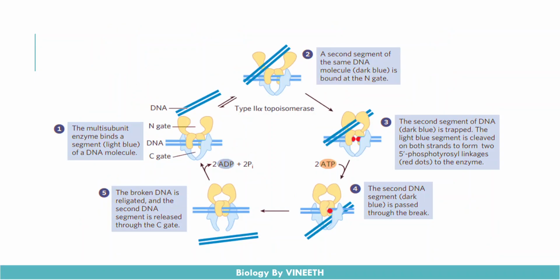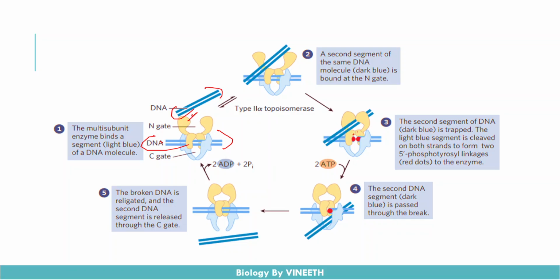And if you look at the type 2 topoisomerases, type 2 topoisomerase alpha is a homodimer which also contains the N gate and the C gate. They first interact with the DNA sequence which has to get the double stranded cut. Then the N gate also interacts with the second DNA strand, the normal DNA.